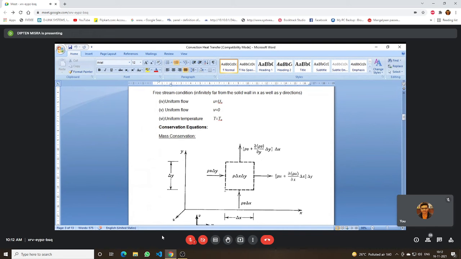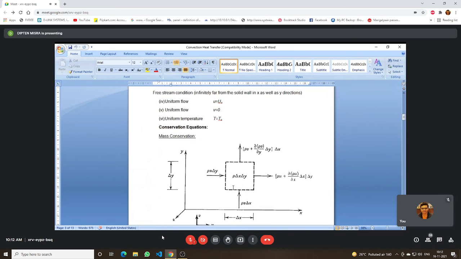So we take this point as if it is at having a coordinate of x comma y and any z, and this coordinate is x plus delta x comma y, like that. This one is x comma y plus delta y, like that. It is x plus delta x, y plus delta y.